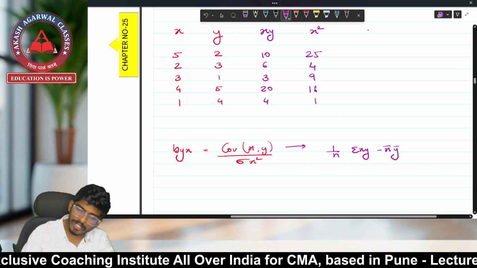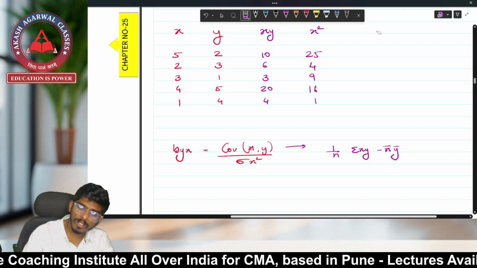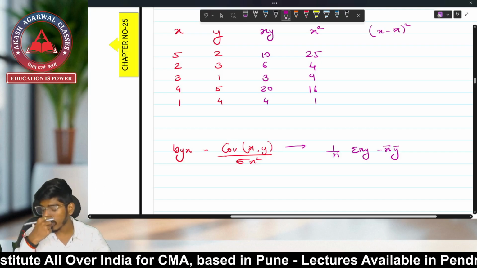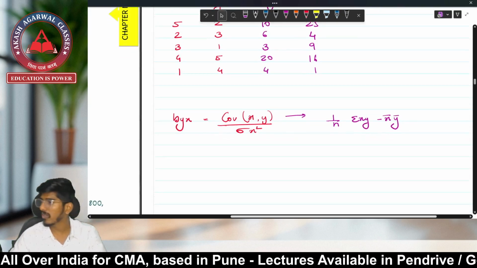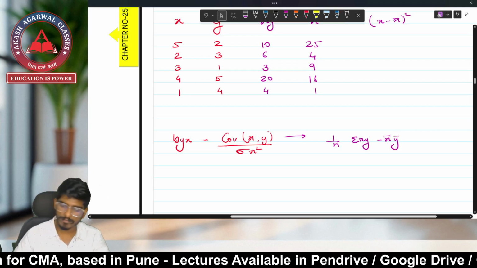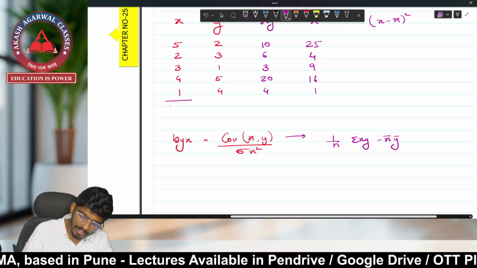Now let's find x minus x bar, because for standard deviation I need x minus x bar square. If you remember, the formula for standard deviation was under root of summation x minus x bar square upon n. So let's find the summation first.